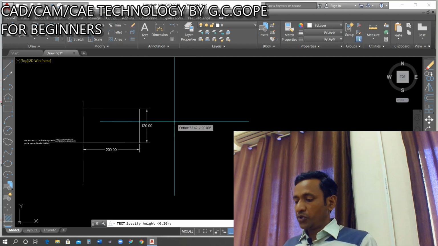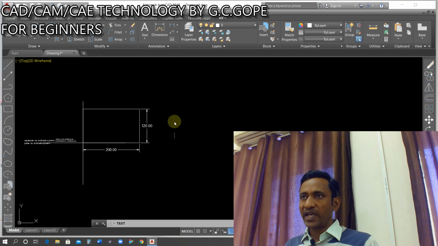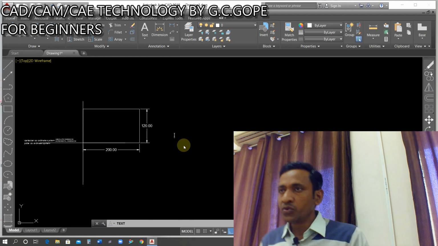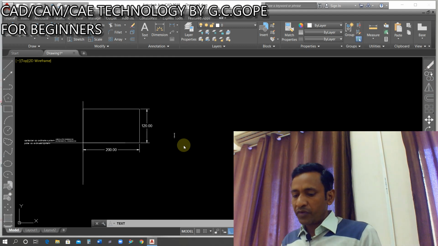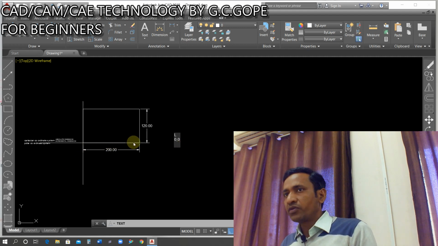Suppose height should be 10, rotation angle should be 0 for this text. Now whenever we use the absolute coordinate system, first of all we have to press L enter for the line command. Now we will press 0,0. Why 0,0? Because this is the origin, and from this origin we are going to take the dimension of each and every point. You see how many vertices are in this rectangle? We have 1 vertex, 2, 3 and 4 vertices. That means there would be 4 coordinates of this rectangle.